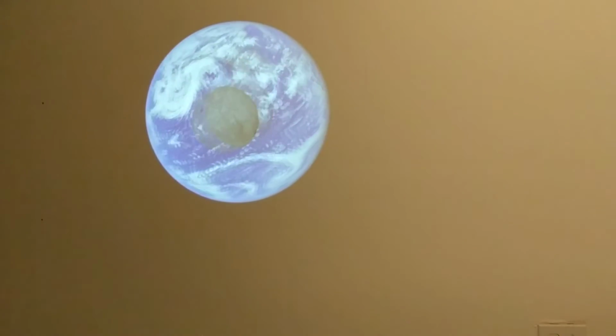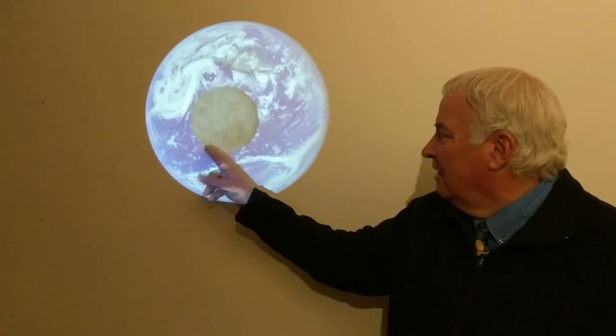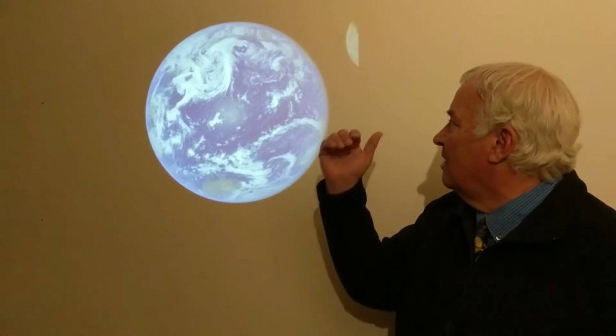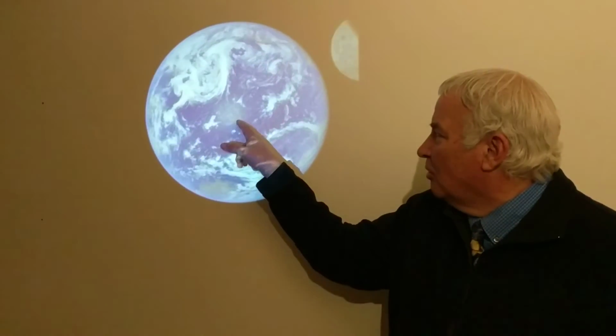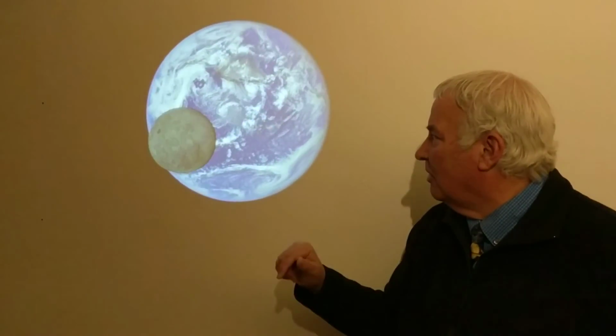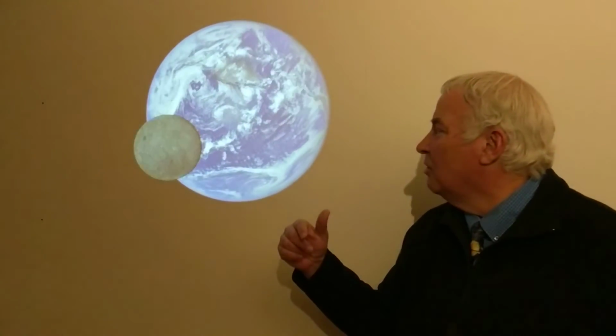And you can see the back side of the moon. This is lit from the sun from behind. We can see the subsolar point. This is the bright spot on Earth indicating where the sun is. The sun is right behind the viewer here.